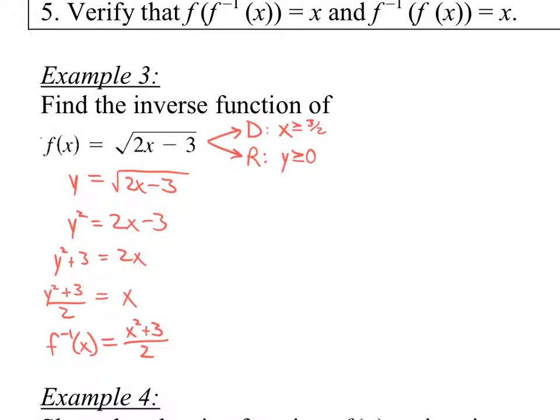So now we look at the inverse function and we say, what is our domain here for what x can be?